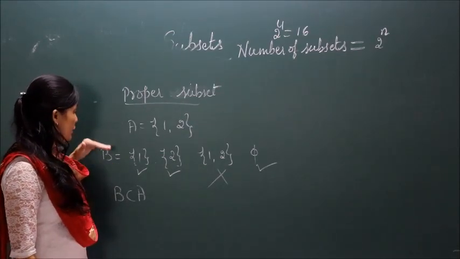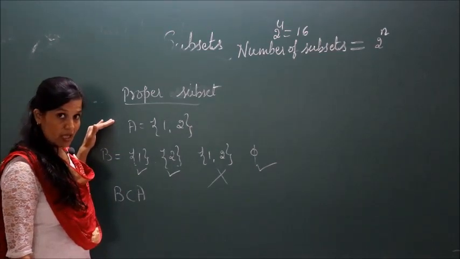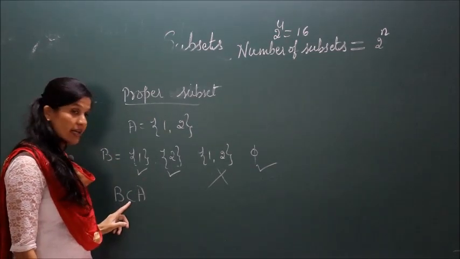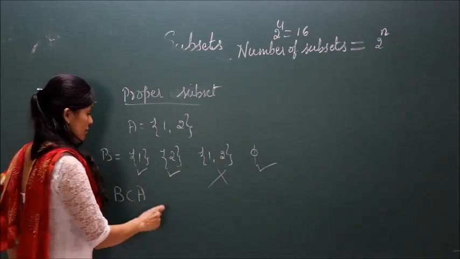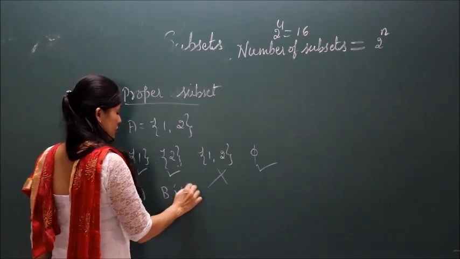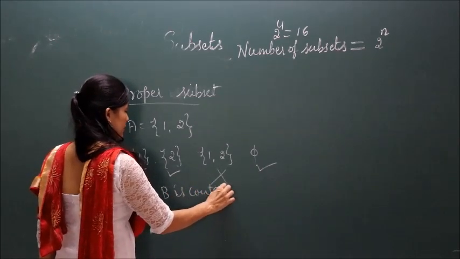B is said to be the proper subset of A if B is contained in A, that is one condition.